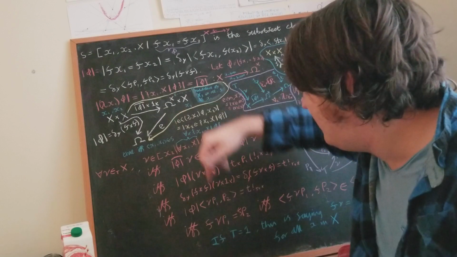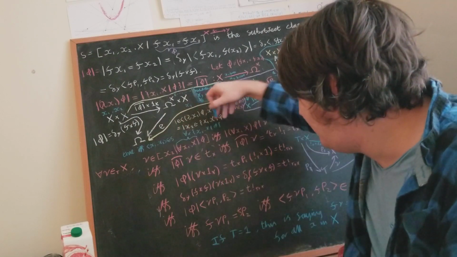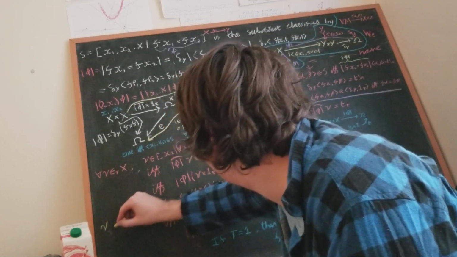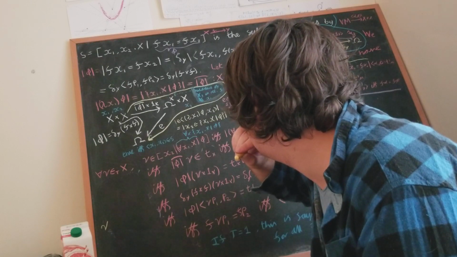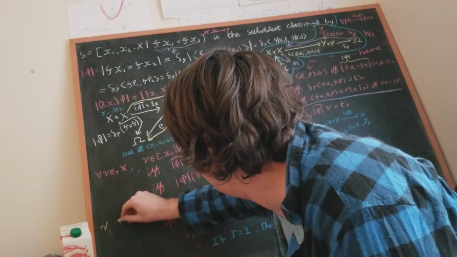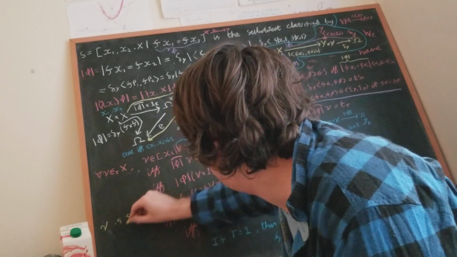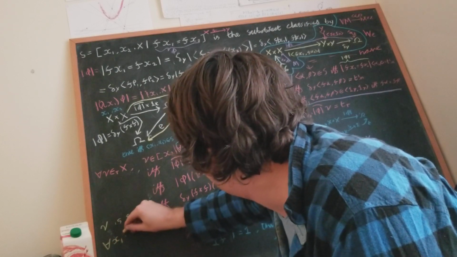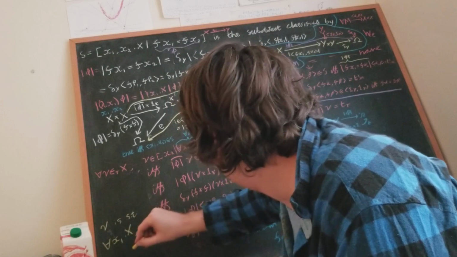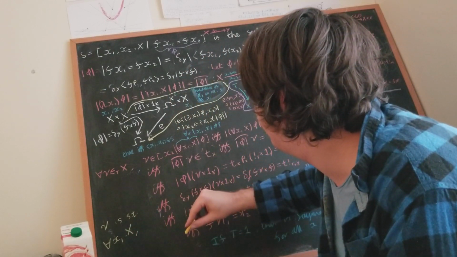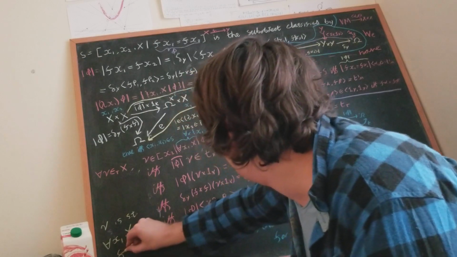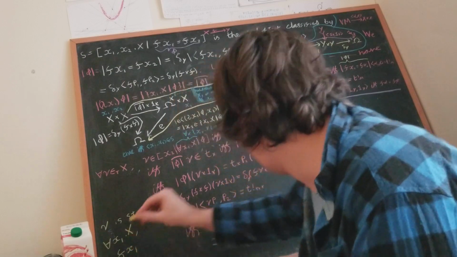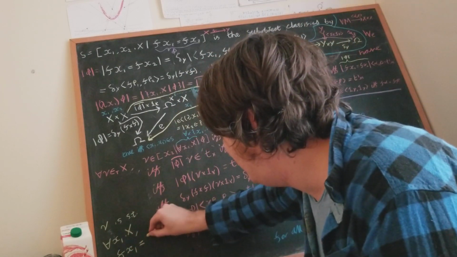Okay, so if you think about it now, we can do the sort of magic bit. So what's this mean? Well, it sort of means, just using this notation, that v is such that for all x1 of type x, we have that f x1 equals f of v.